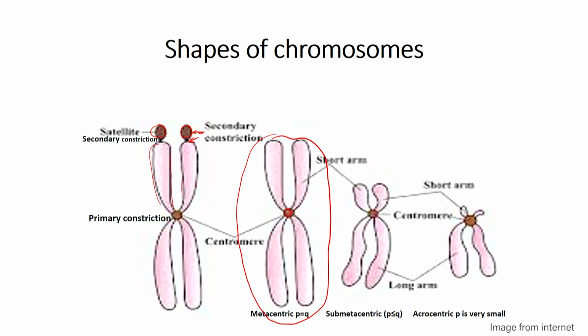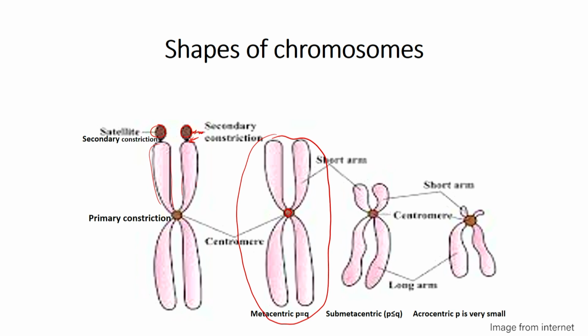Here it appears separated from the main body, but it is not actually separated. They are attached with a constriction. So this satellite region or constricted region is very important for a cell.